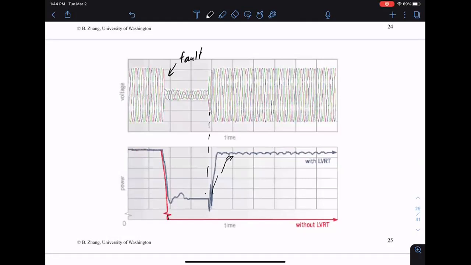If you have resistors, you can burn power that way. If you have storage, you can charge your storage. You have to divert power somewhere else so you stay on when the voltage is low. As long as you can do that, you can recover when the fault is cleared.